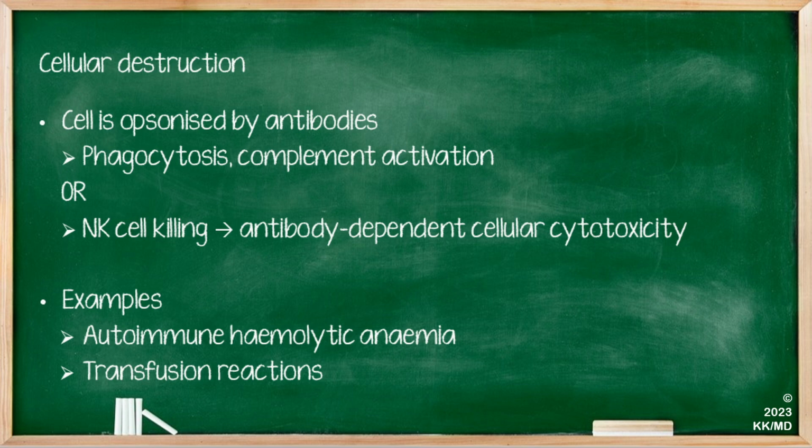So in terms of cellular destruction, the cell is normally opsonized by antibodies, which will then have phagocytosis and complement activation. Or you will have natural killer cells becoming activated, and as a result of that, you will have antibody-dependent cellular cytotoxicity. The examples of this include autoimmune hemolytic anemia and transfusion reactions.